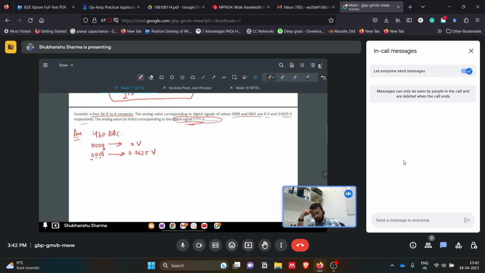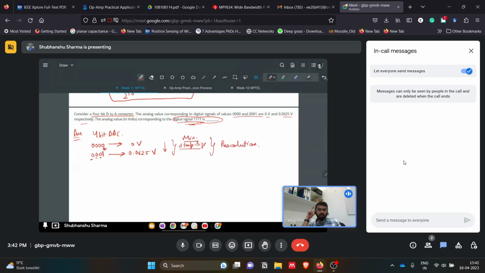So that is the 1 bit increment, and the increment in voltage is this one. So this is also the step size, the minimum step it can take. And the other name for this is resolution.